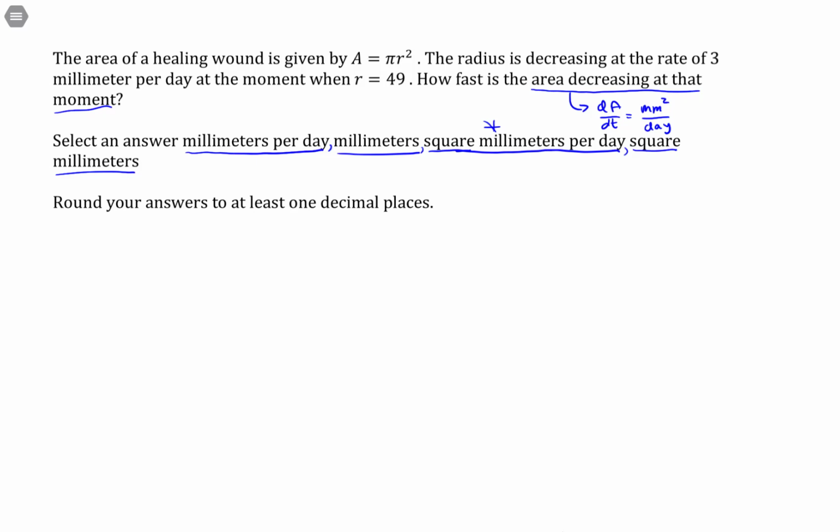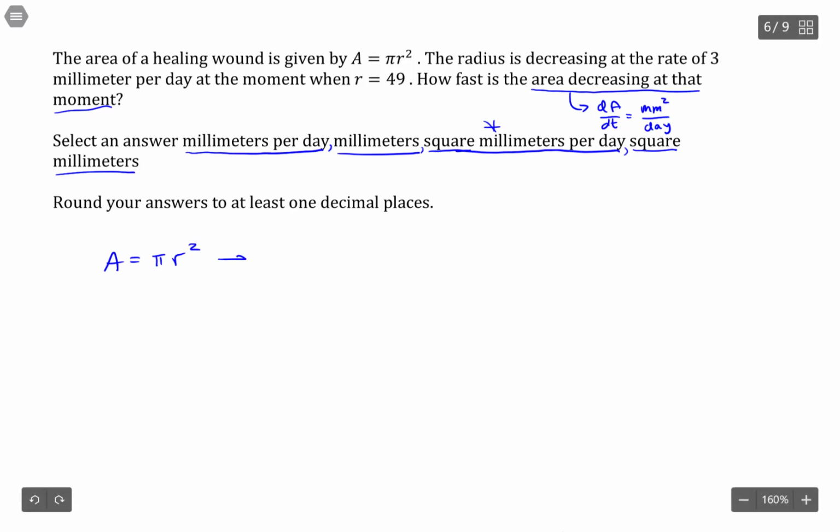So we have the area is given by pi r squared. Now, don't fall into the trap of just taking and saying dA or A prime equals 2 pi r, because that gives you the derivative with respect to the radius changing. We want the derivative with respect to time changing.